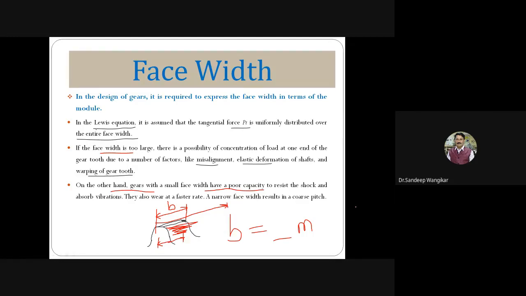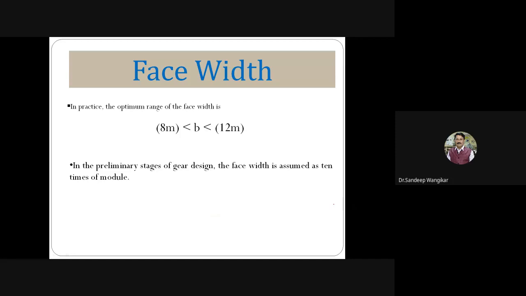So what is the exact formula required for this? In practice, the optimum range of face width is taken from 8 times the module to 12 times the module. The face width is denoted by B. So 8m less than B less than 12m.